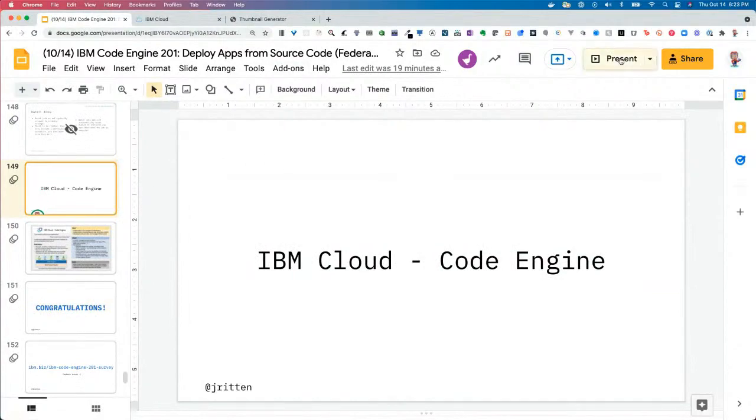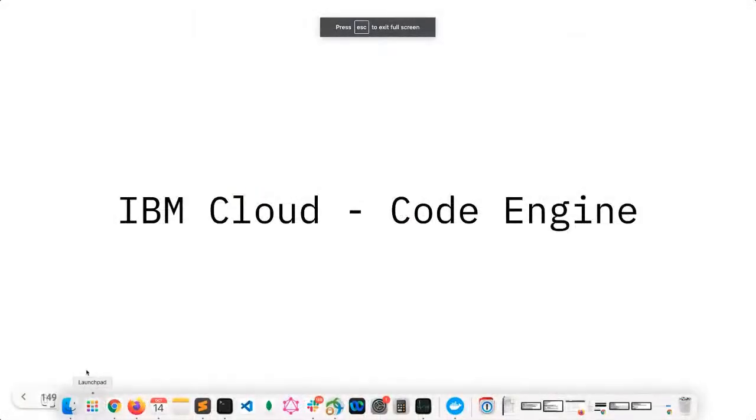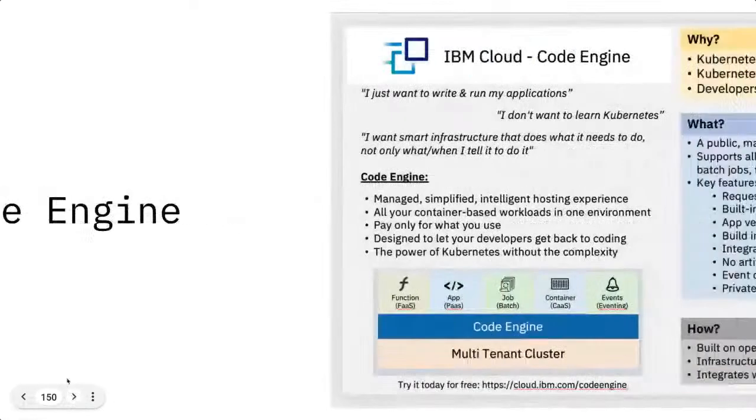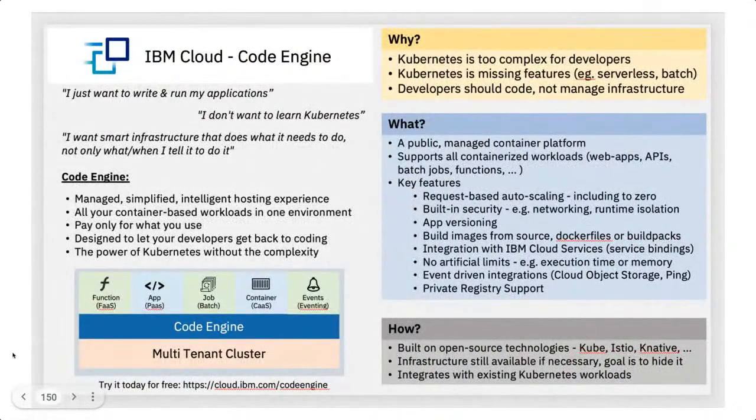talk a little bit more about Code Engine for all of you, give you a little bit more highlights, a little bit more information as to why it might be the best option for you as a developer. So at a high level, Code Engine is a merging of all the various as-a-service containerized platforms merged into one.